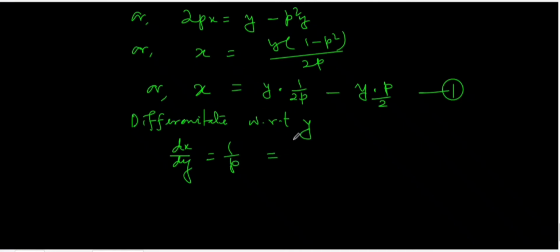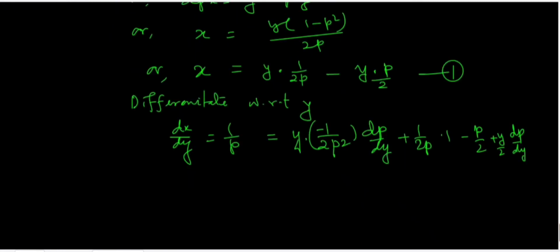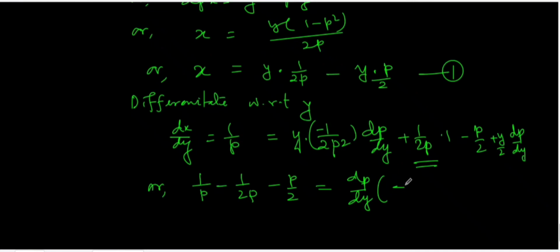On the right-hand side we get 1 by 2p, plus y times negative 1 upon 2p squared times dp/dy, and then the derivative with respect to y of y is 1, so 1 upon 2p, and negative p by 2 plus y by 2 times dp/dy. Simplifying, we get 1 upon p, negative 1 upon 2p, and negative p by 2, and dp/dy times negative y upon 2p squared plus y upon 2.